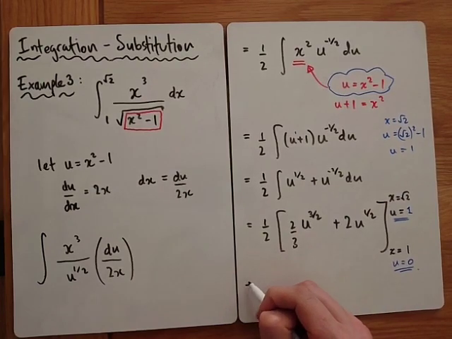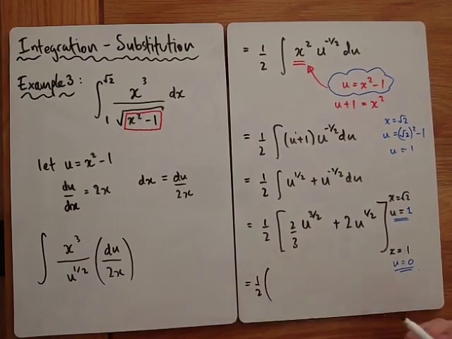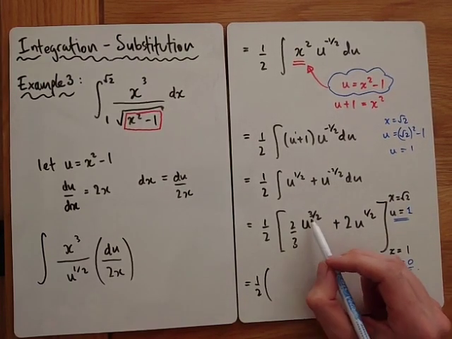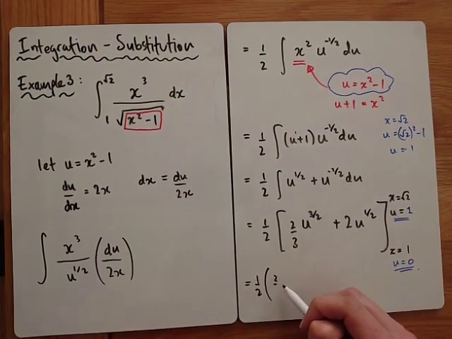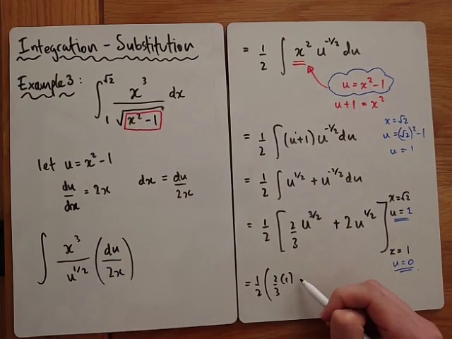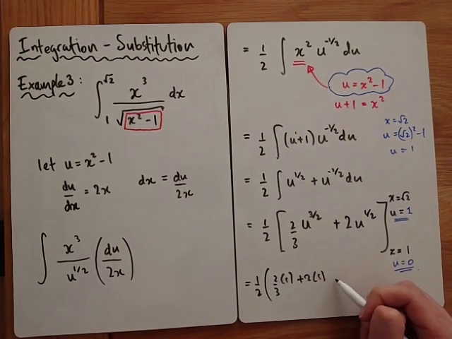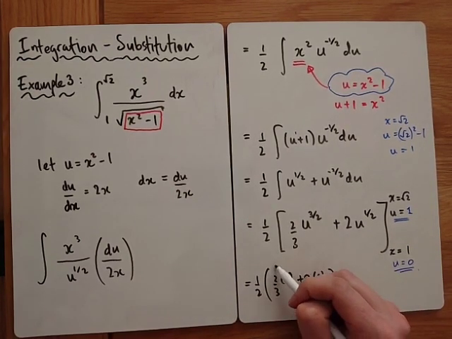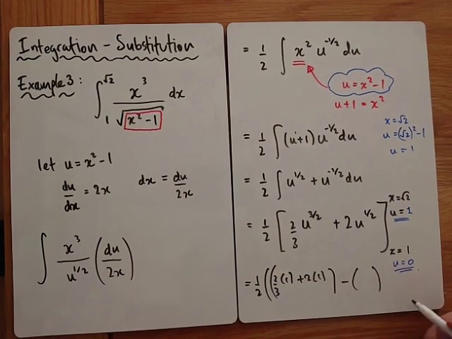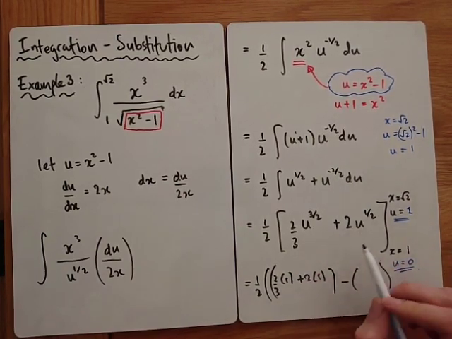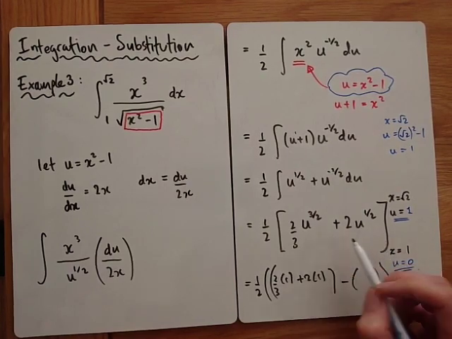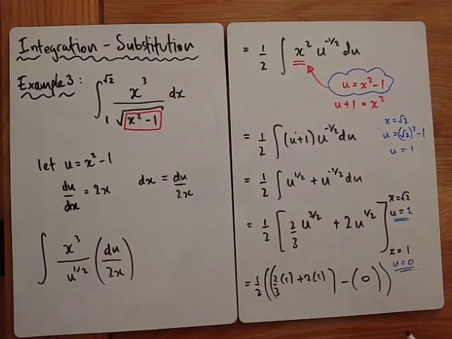Okay, so 1/2. Sub 1 in, so 1 to any power is just 1, so that'd be 2/3 times 1 plus 2 square root of 1, which is just 1, minus, we're multiplying all this by a half. And then if you sub 0 in, I did pick this intentionally so it makes it a bit easier, you just get 0, don't you, for this one, because it's index form.